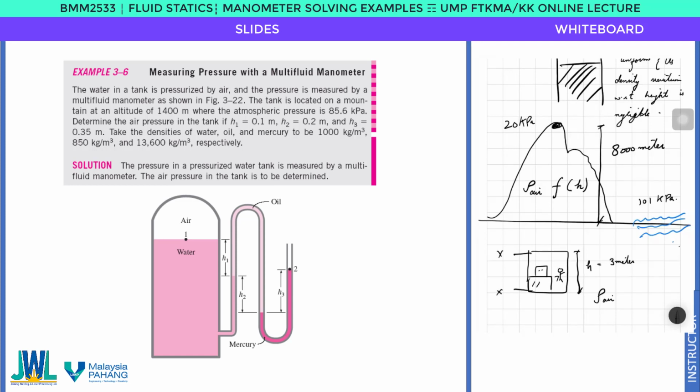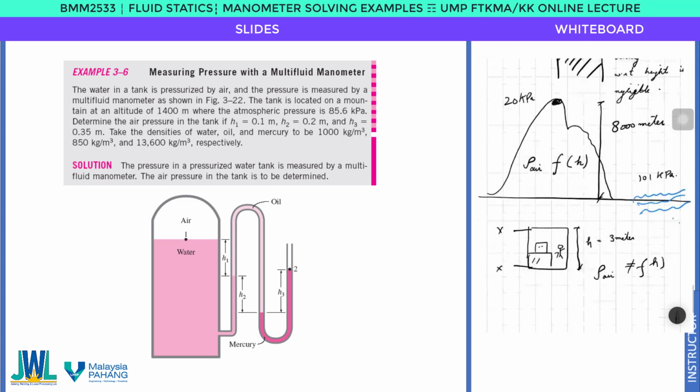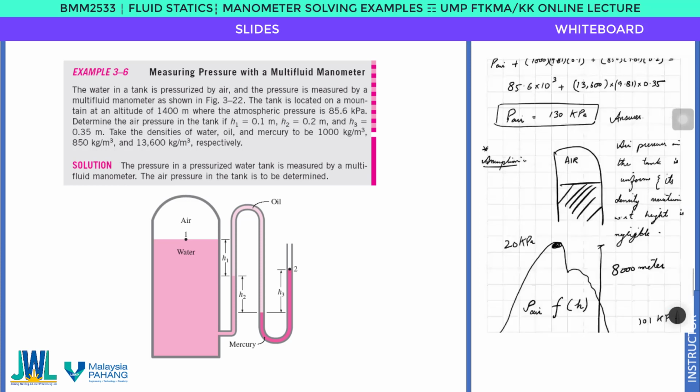The density is not a function of height, or the density change is not significant with respect to elevation. That is why we assume this concept in the tank also: the elevation is so small that the air density variation with respect to height is negligible. So this is the concept that we need to write in the numerical.